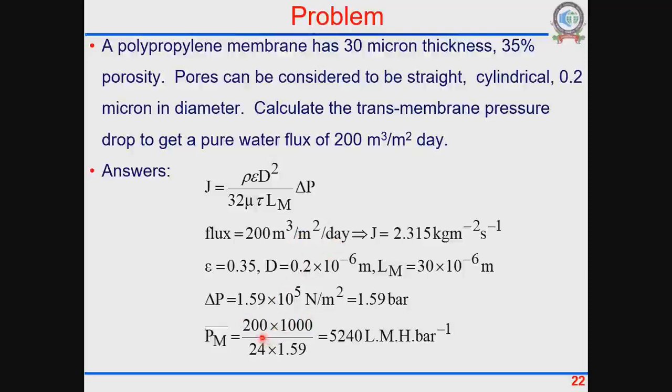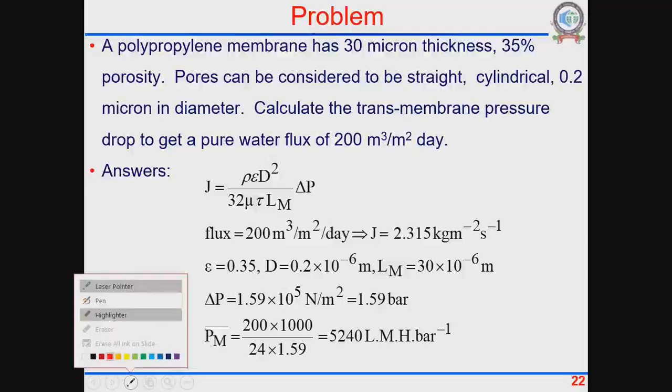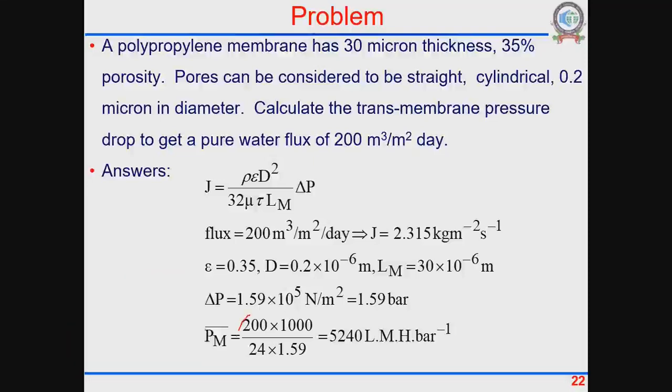If I want to convert to per hour, it would be 200 into 1000 divided by 24. This would be the flux in terms of liters per meter square per hour. This is happening at a transmembrane pressure of 1.59 bar. So permeance would be this number divided by 1.59 bar. If you calculate it, you will get 5240 liters per meter square per hour per bar, or LMH per bar.